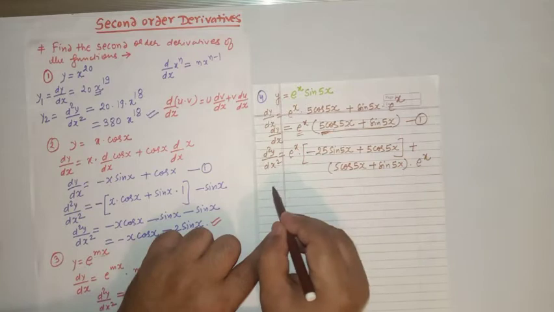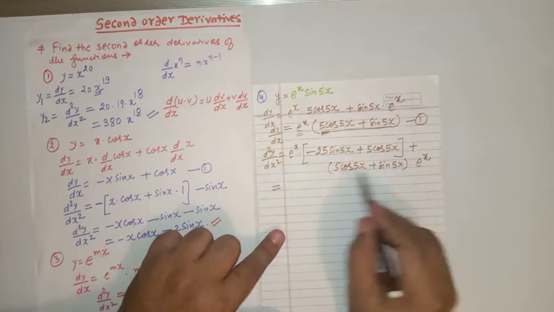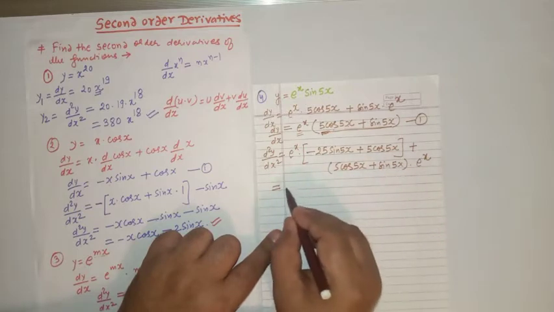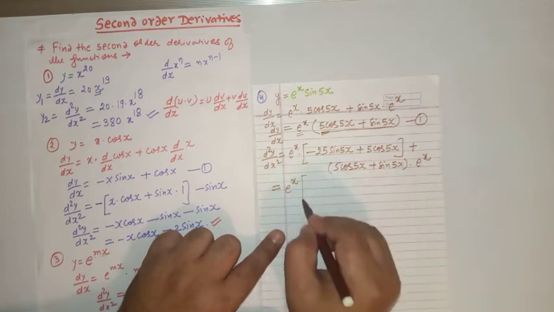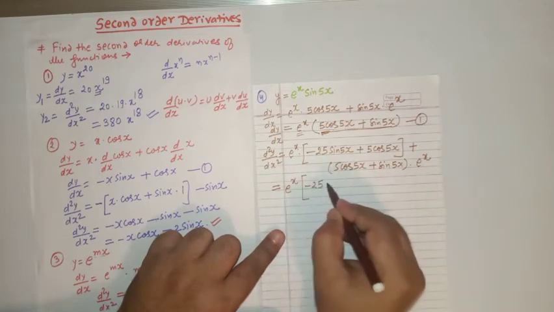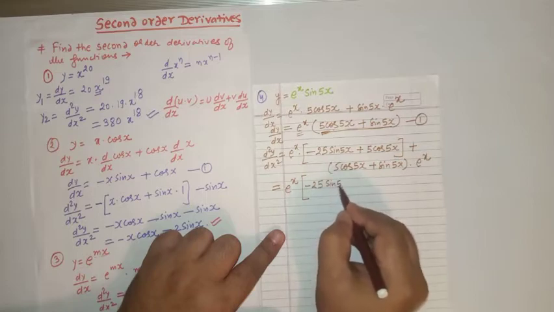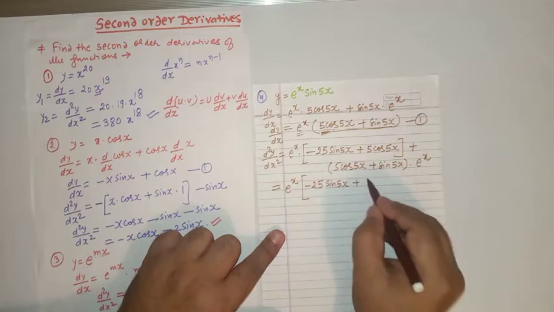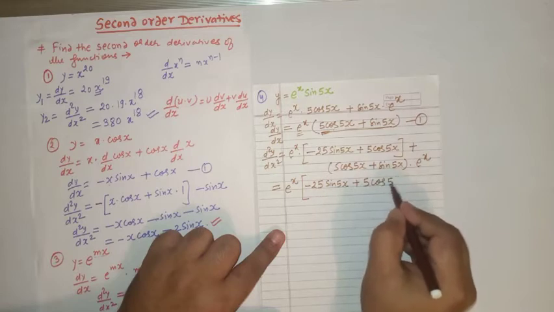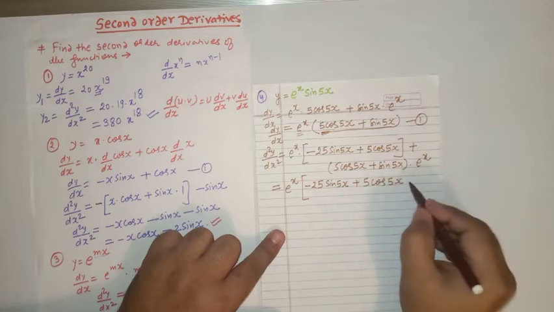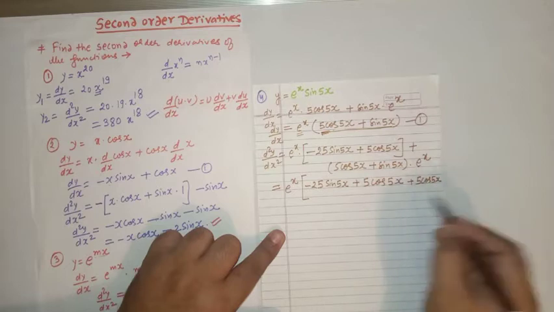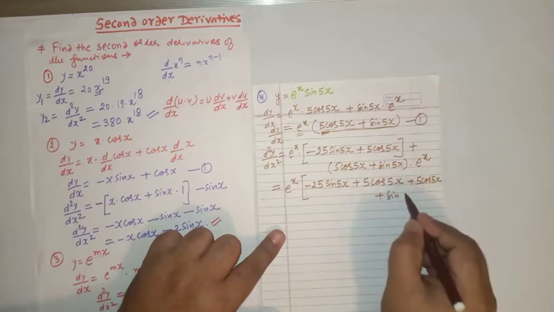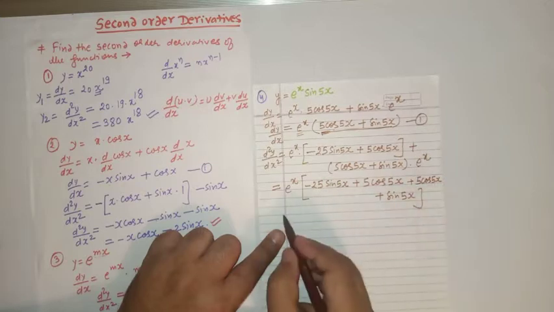Now we have to simplify this expression. So we have e raised to x. If we take e raised to x common, then we have minus 25 sin 5x plus 5 cos 5x, then we have plus 5 cos 5x, and then we have sin 5x, right?